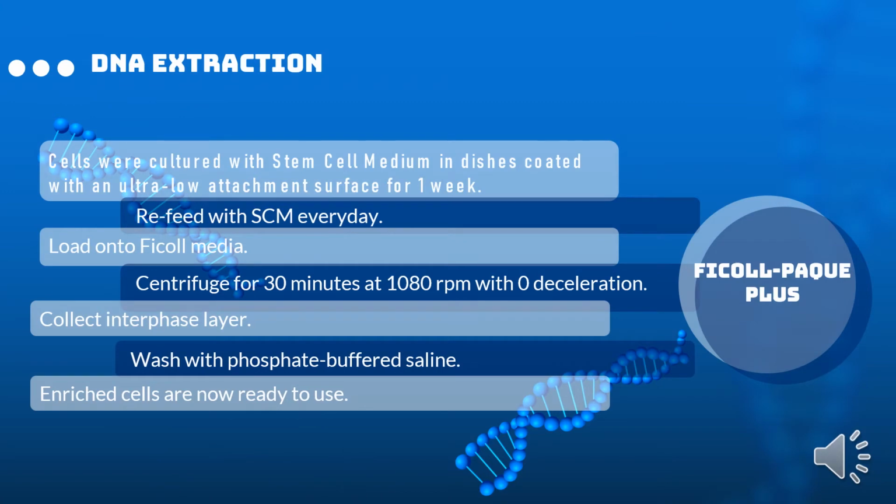Cells were cultured with stem cell medium in dishes coated with an ultra-low attachment surface for 1 week. Refeed with SCM every day. Load onto Ficoll media, centrifuge for 30 minutes at 1080 RPM with zero deceleration. Collect interphase layer, wash with phosphate buffered saline. Enriched cells are now ready to use.